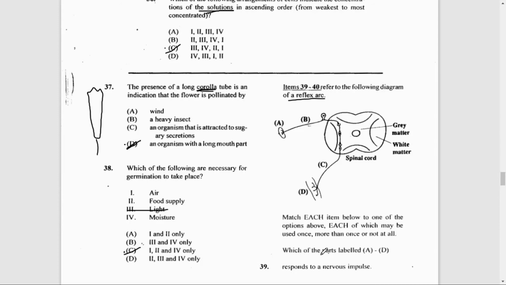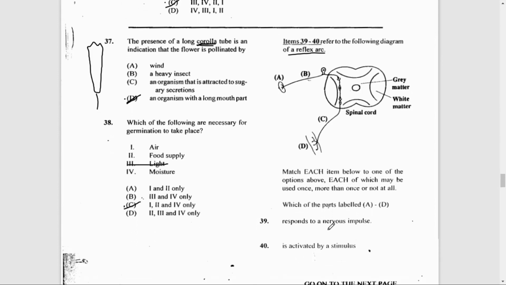Which of the parts labeled A to D responds to a nervous impulse? That would be D. That would be the effector, and it's usually a muscle or a gland.